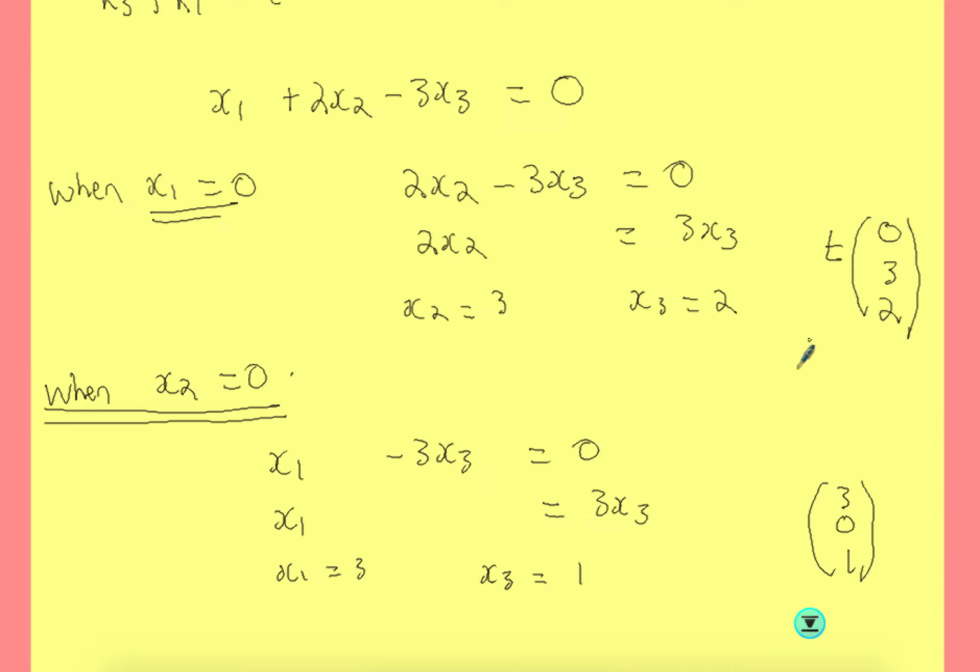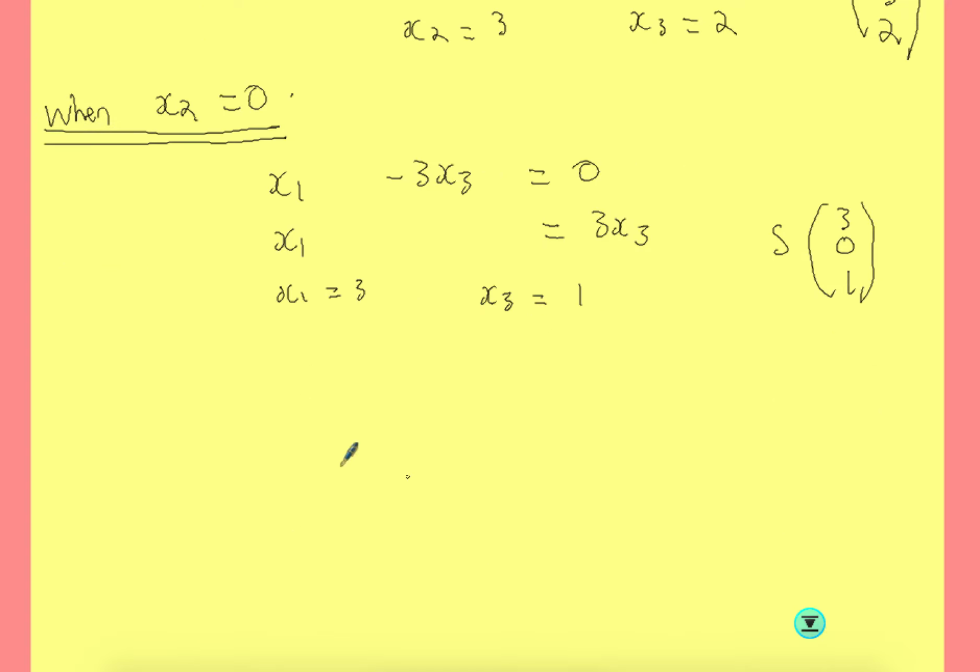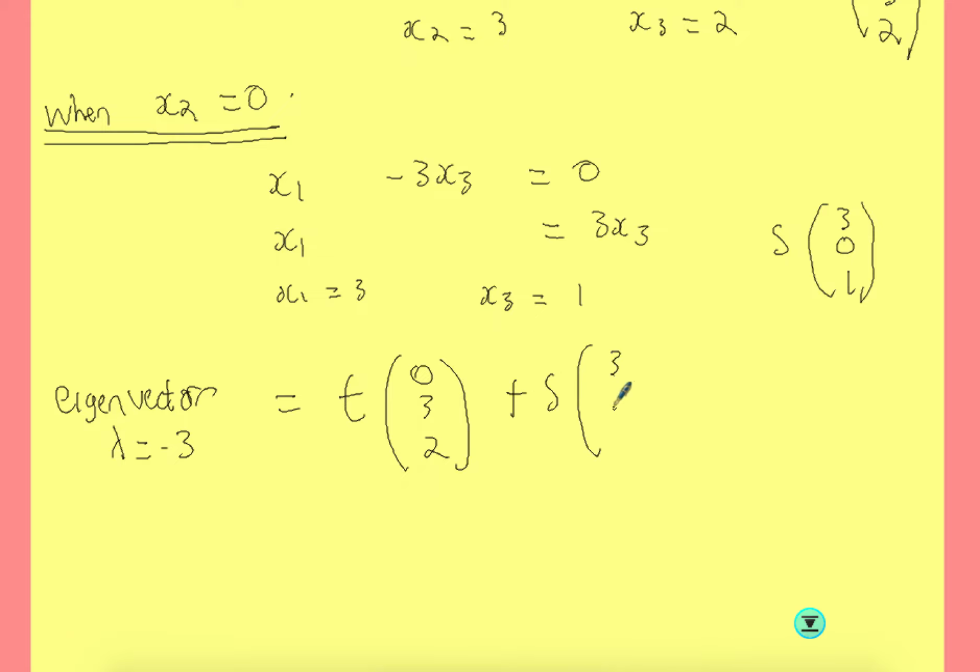Now I've already used the letter T, so I'm just going to use a different letter, S. So your eigenvector for lambda equals -3 is T of 0, 3, 2 plus S of 3, 0, 1.